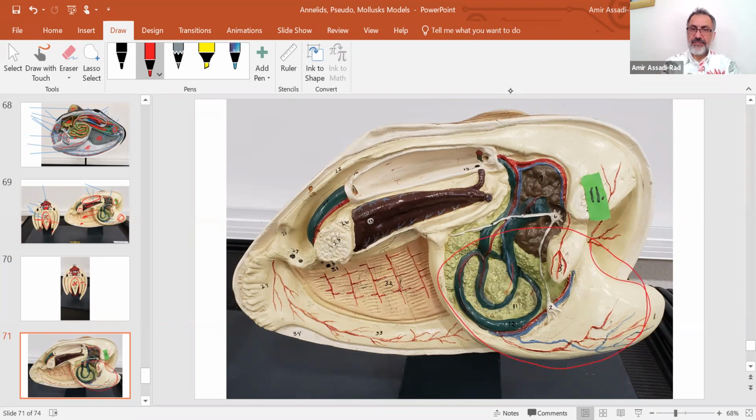Inside of the foot, you have intestine, stomach, or digestive glands, either name. These are nerves. Outside is the gonads, kidney, gills, mantle, heart, which has been broken, and then of course intestine used to pass through.